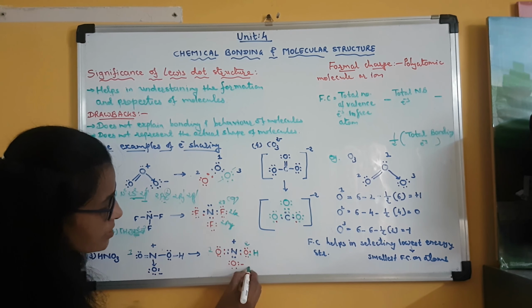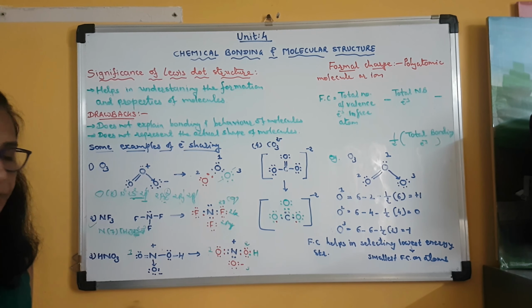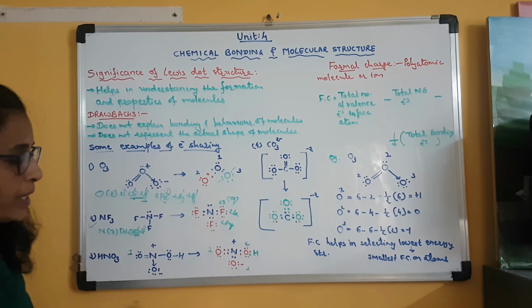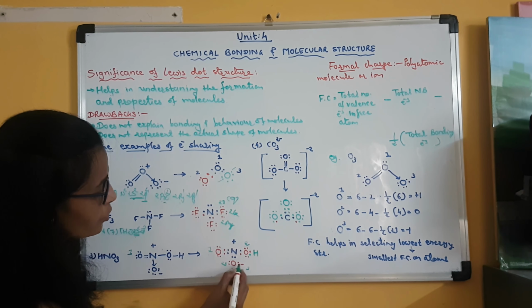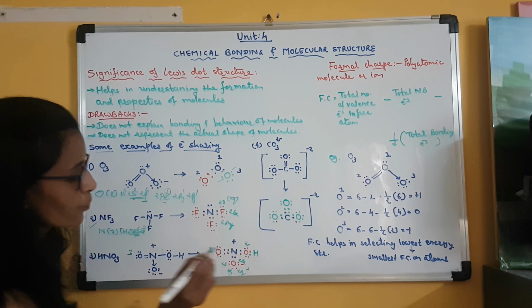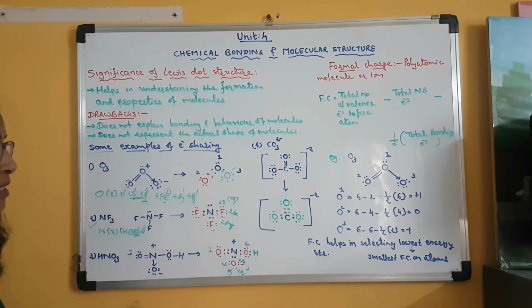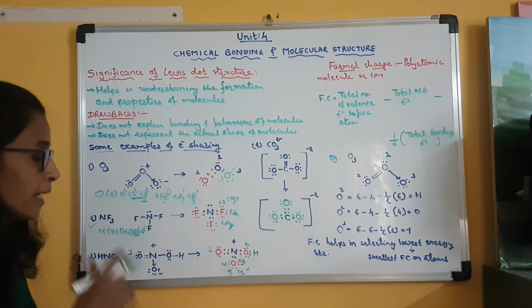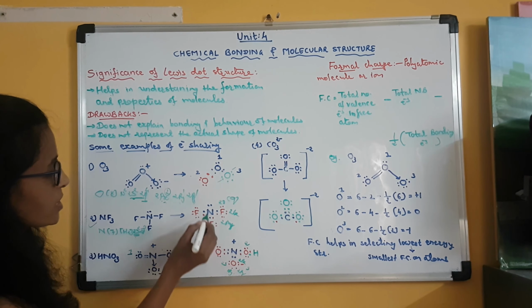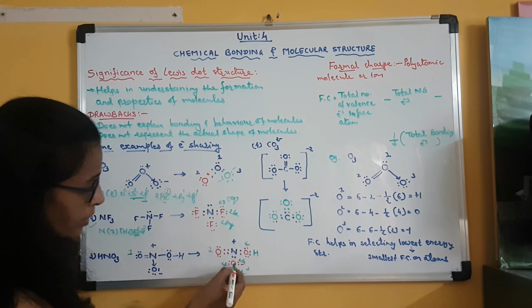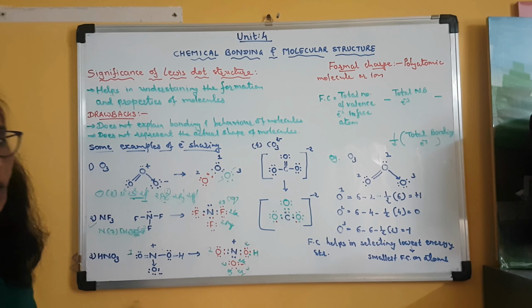But if we see this third oxygen atom, it has not utilized any of its electron pair. Suppose this is 2s electron, this is 2px electron. Clear? This is unpaired electron of 2py, this is unpaired electron of 2pz. So the third oxygen atom has not utilized any of its electron pair, but instead nitrogen, which is having an extra electron pair, the lone pair of electrons, has donated it to this third oxygen atom.